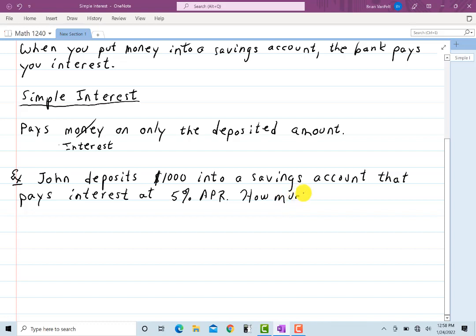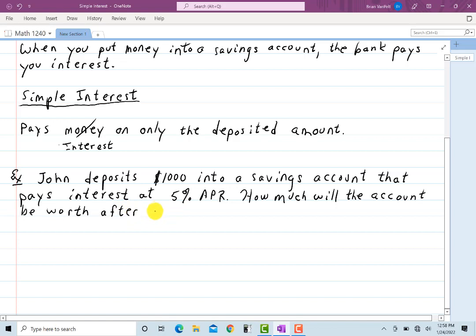How much will the account be worth after 1 year?